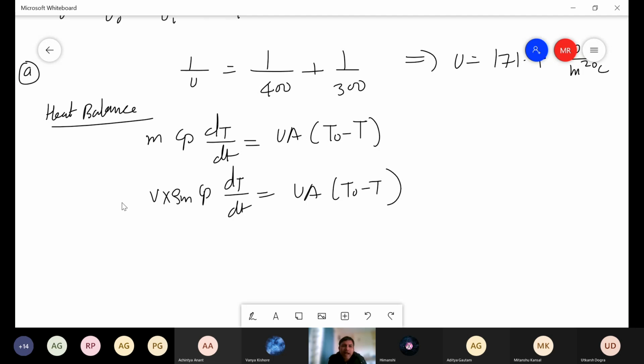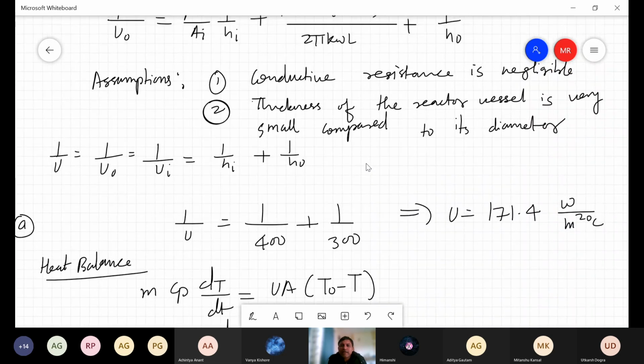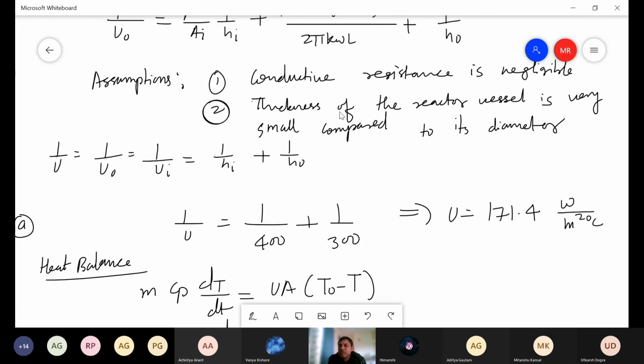Another assumption is why we are taking the thickness of the reactor vessel to be very small. Typically if you look at the reactor, the diameter of the reactor will be in meters, whereas the thickness of the reactor will be in centimeters at maximum, isn't it?